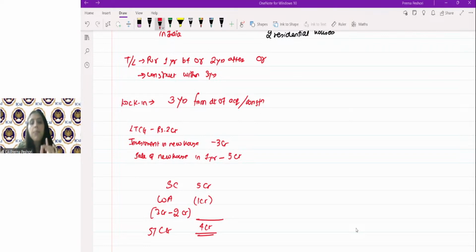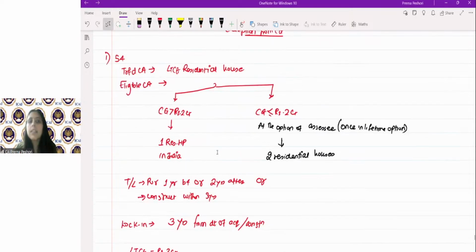Okay, one more thing under 54. There is a case law which is important over here, which I would like to highlight. The question is whether the assessee would be entitled to the purchase of flats which are adjacent to each other and having a common meeting point. Let's say if my capital gain is exceeding 2 CR.